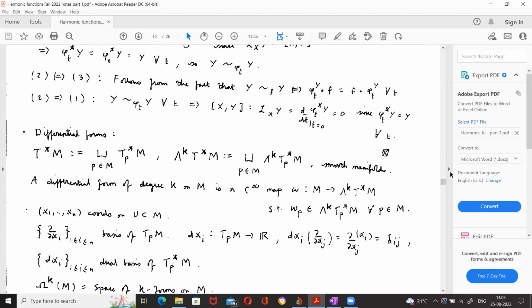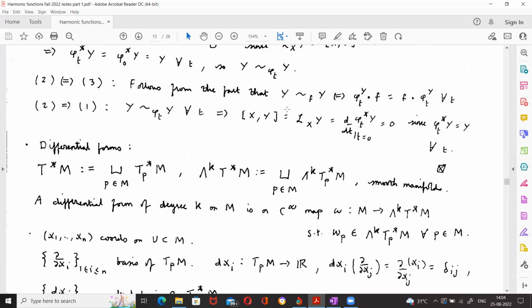Okay, so if not, then let's start the next topic, which is differential forms. So first of all, let's denote by T_p star M the dual of the tangent space T_pM.